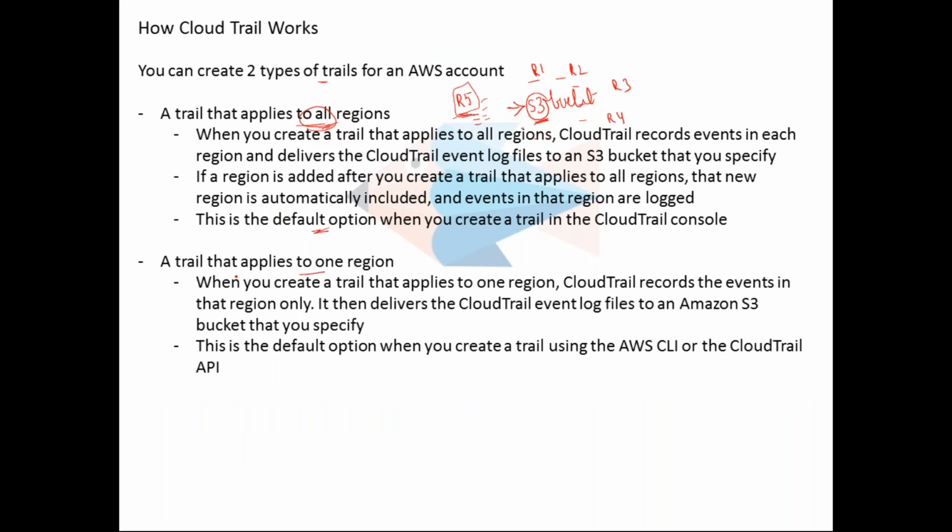And a trail that applies to one region: if you apply a trail for one region and give a specific region, whatever activity happens in this region would be logged to the S3 bucket. This is the default option when you create a trail using the CLI or the API. So, a trail that applies to all regions and a trail that applies to only one region.